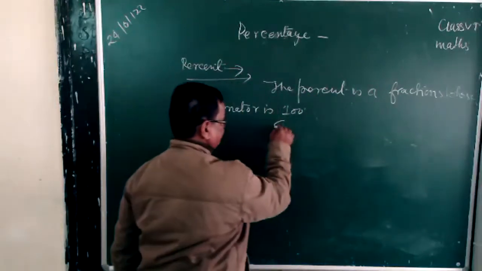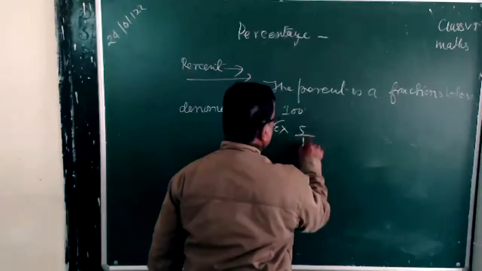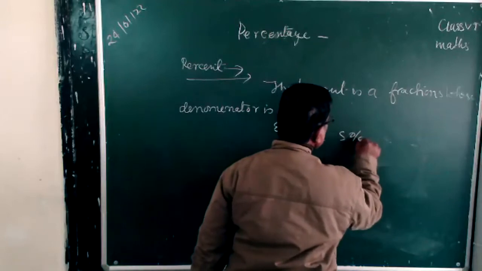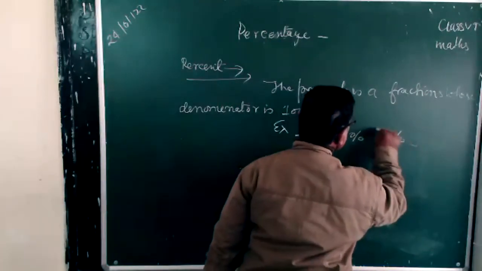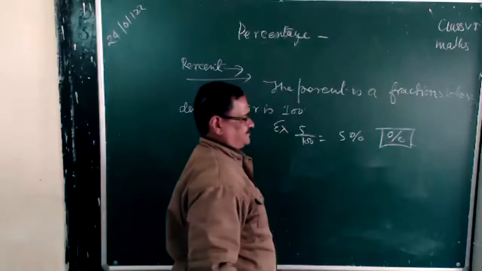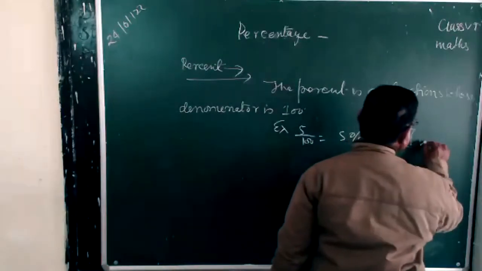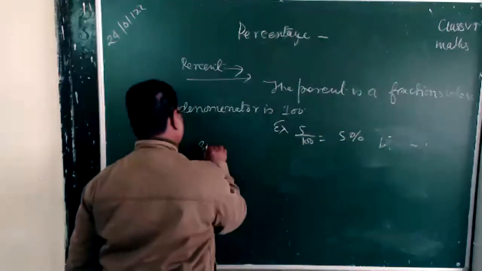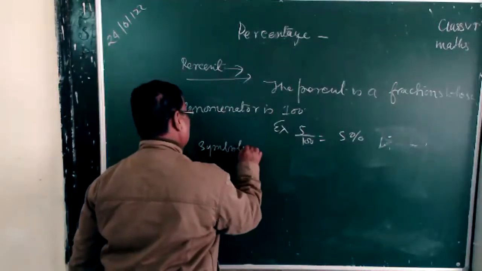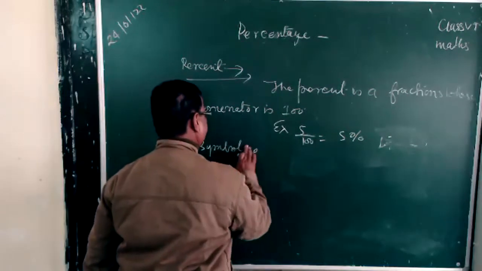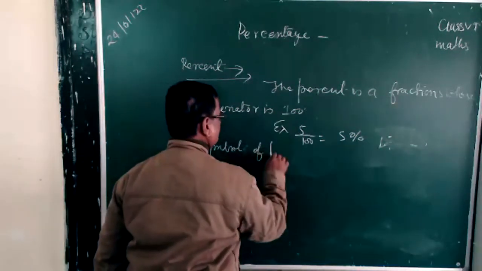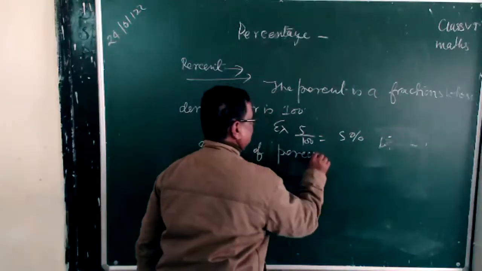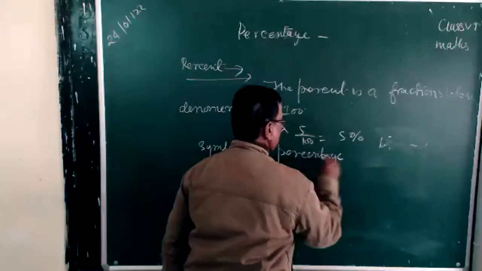For example, if there is 5 by 100, then we can write 5%. This symbol is the symbol of percentage, or percent.